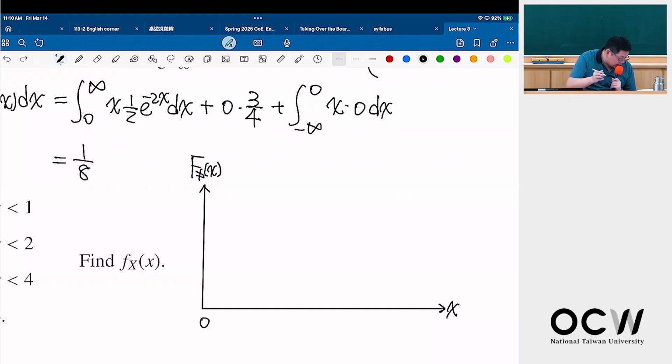I have 0, 1, 2, 3, 4, and I have 0.2, 0.7, 0.9, and 1.